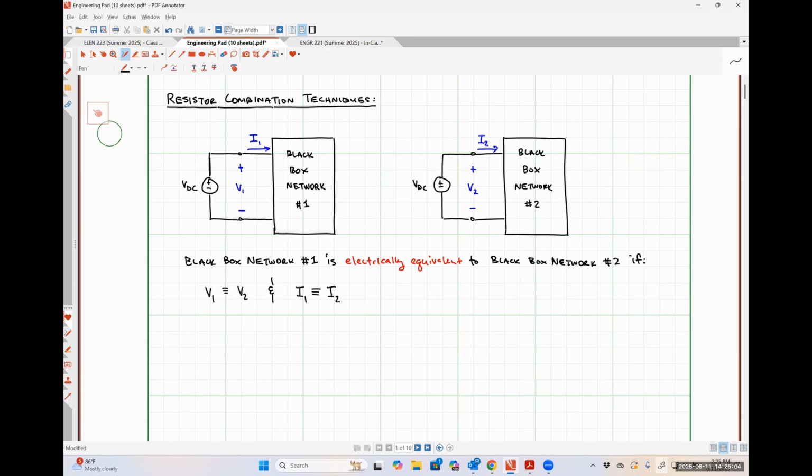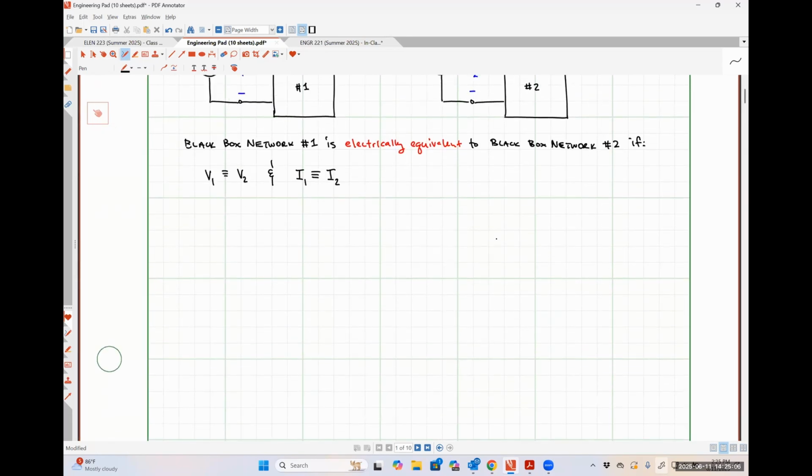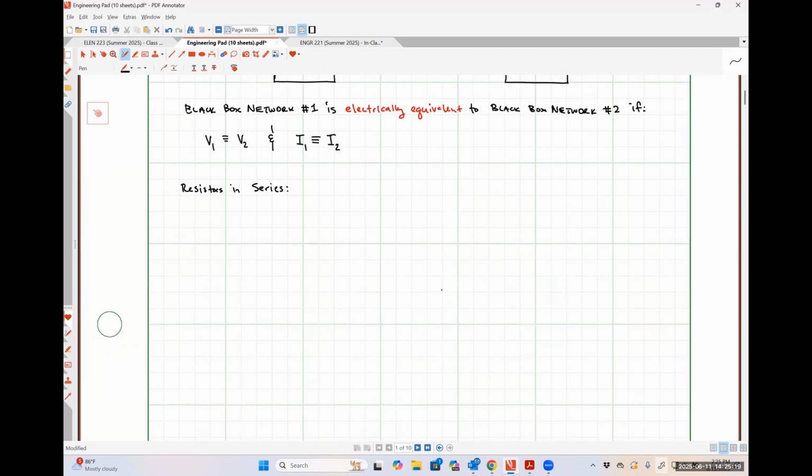Okay. So let's start by looking at a network containing resistors in series. Okay. So let's say, as part of some larger circuit, I have a network containing some number of resistors connected together in series. So I'm going to call this resistor R1.